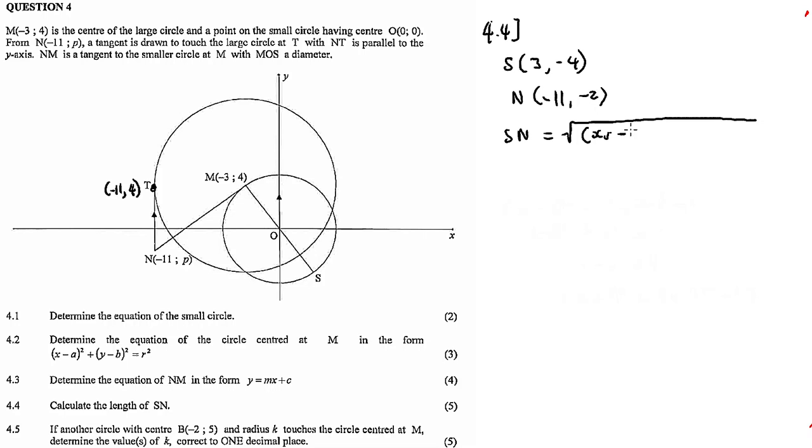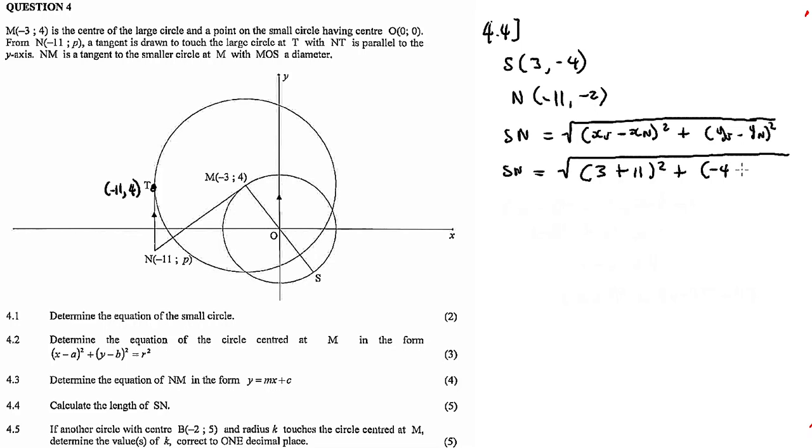of xs minus xn squared plus ys minus yn squared. SN is equal to, okay, xs is 3 and then xn is minus 11, so 3 plus 11 squared, plus the y value of S is minus 4, the y value of N is minus 2, so minus 4 plus 2 squared.